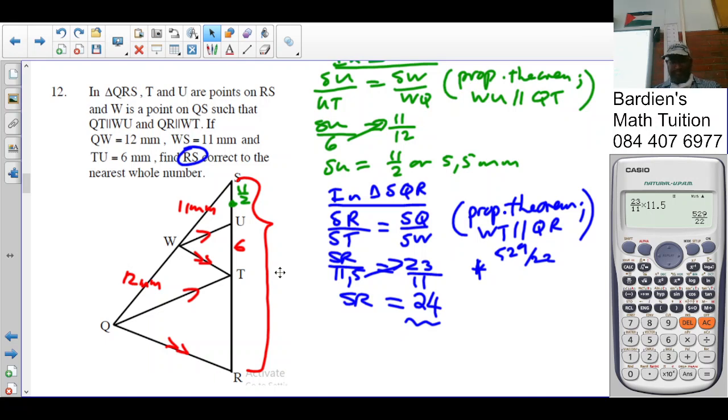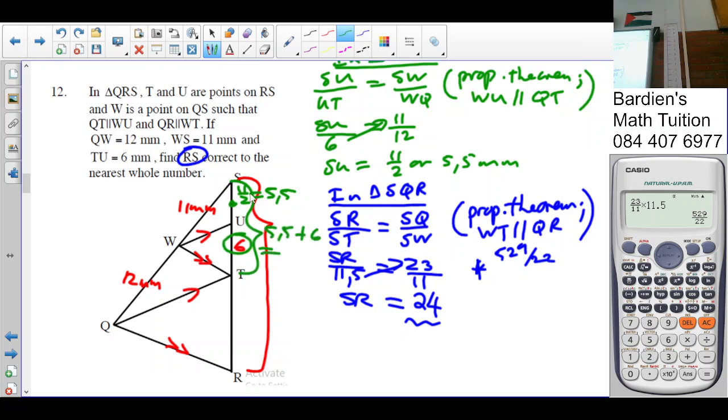Yes, so this one that's ongoing. The 11.5. You remember that this is 5.5. And this is 6. So we spoke about ST. So that will be 5 plus 5.5 plus 6. It's 11.5. That's where the 11.5 comes from.